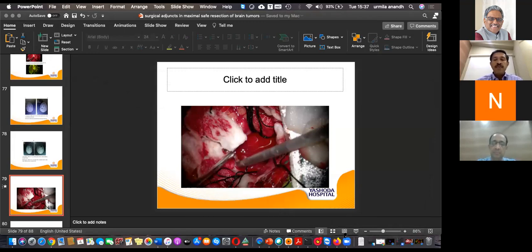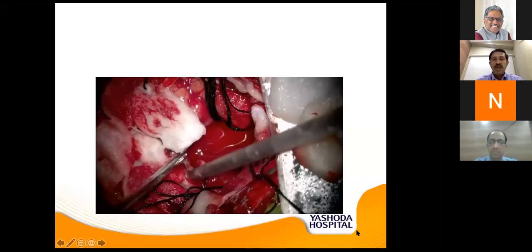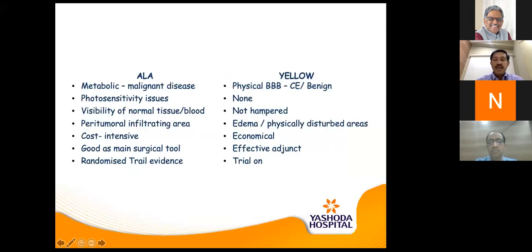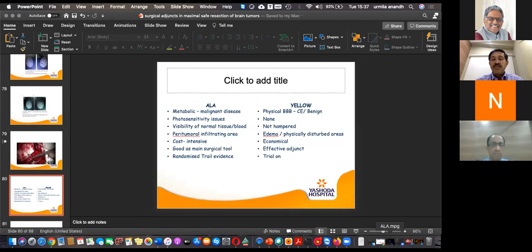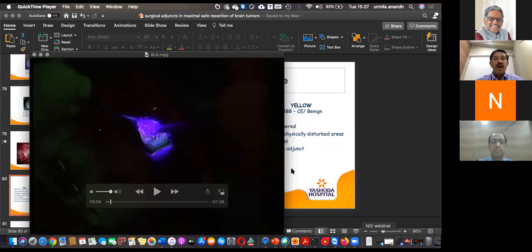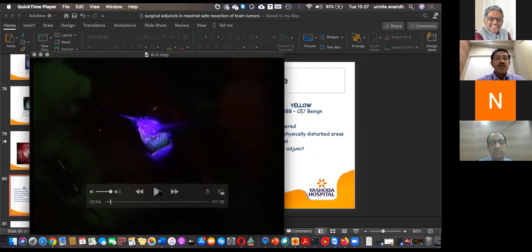Now, apart from yellow fluorescence, the other popular fluorescence is ALA. ALA is active fluorescence. So I'll just show you how ALA looks. Unlike the regular light in yellow fluorescence, here the entire area looks blue and the tumor looks pink.